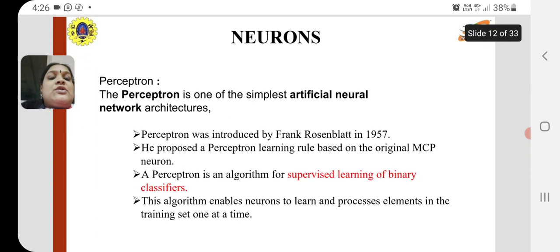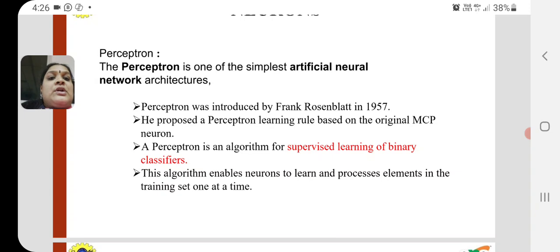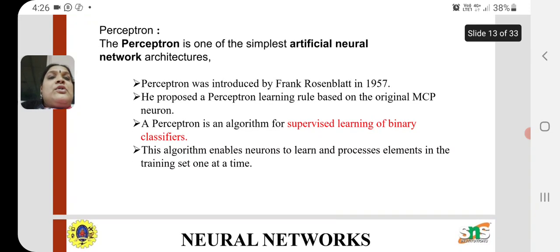And the next concept is called the perceptron. The perceptron is one of the simplest artificial neural network architectures. It was introduced by Frank Rosenblatt in the year 1957. He proposed this perceptron learning rule, which is based on the McCulloch-Pitts (MCP) neuron.